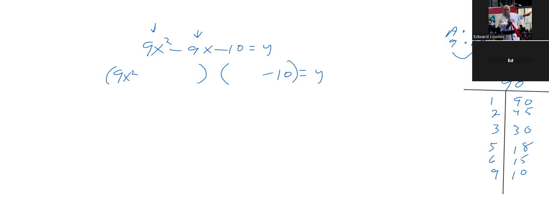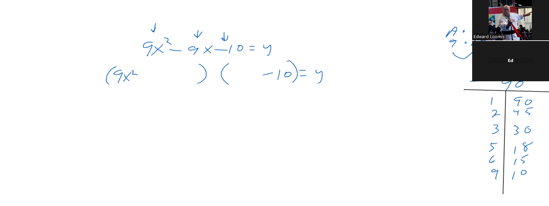What two numbers multiply to be 90, but when I combine them, they make 9? Now, because c is negative, I'm going to subtract to make 9.